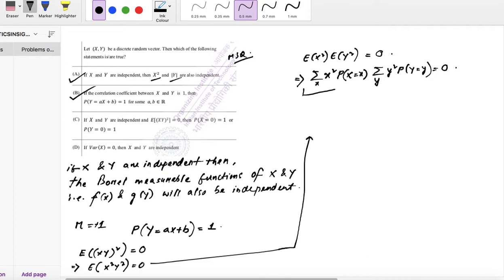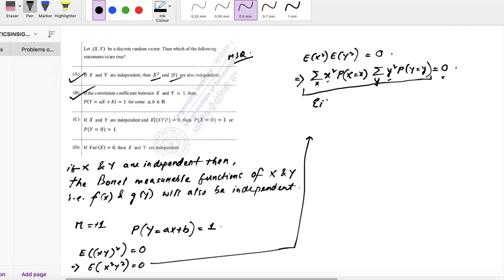Now for this whole term to be equal to 0, either x has to be 0 or y has to be 0 almost surely. Only then we will get the whole term as 0.